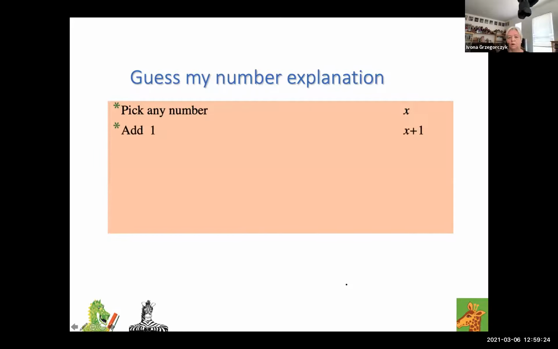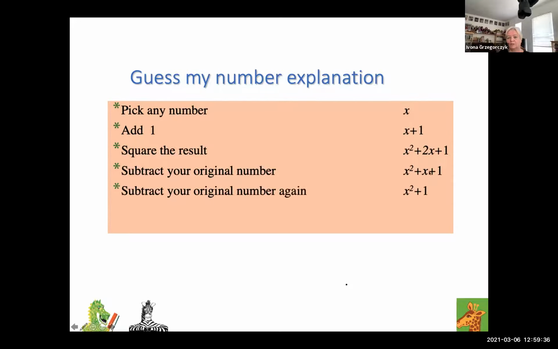You add 1, so you have x plus 1, then you square it, so you have x squared plus 2x plus 1. Then I don't want to have this x here, so I tell you to subtract it away again. So if you give me, say, your answer is 10, then if this is equal to 10, I subtract 1 and take a root. See what I'm saying?